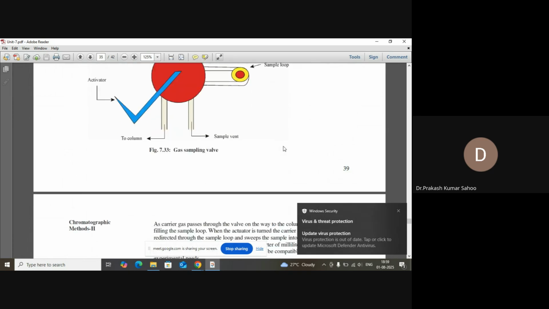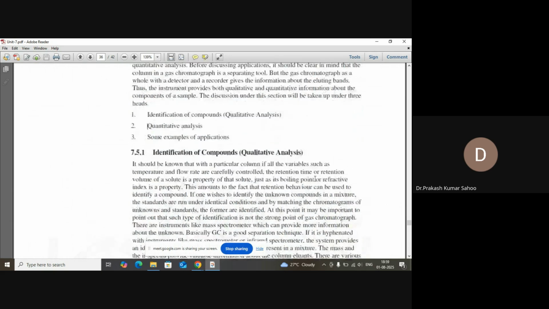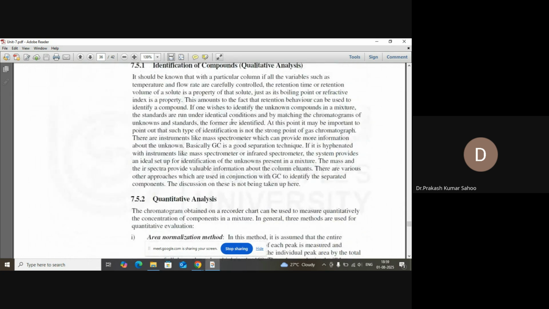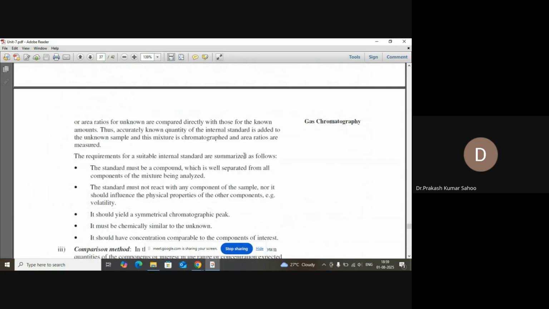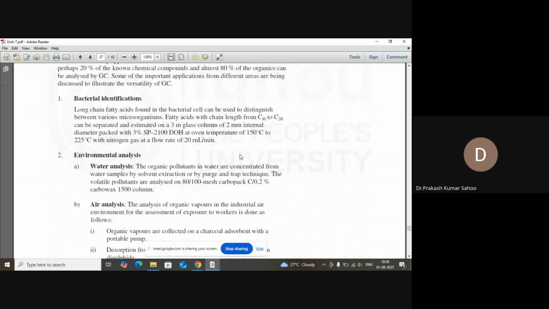Then there are different applications to identify compounds qualitatively, and quantitative estimation is also possible, with some examples of the applications. This is all about gas chromatography.